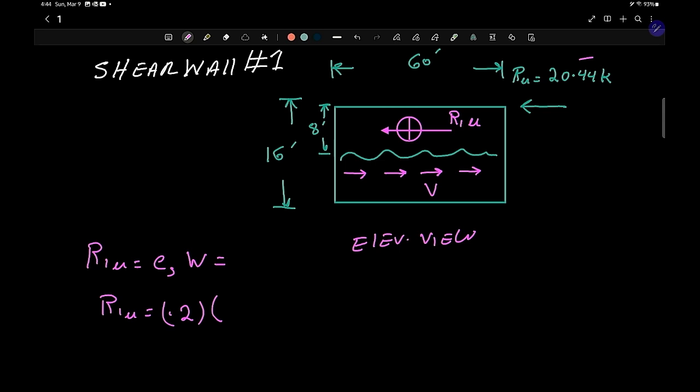The weight of the wall was 20 pounds per square foot, which is given, and it's 8 feet times 60 feet. We can divide by 1,000 to make it kips. So that's equal to 1.92 kip. So that's what R1U is.